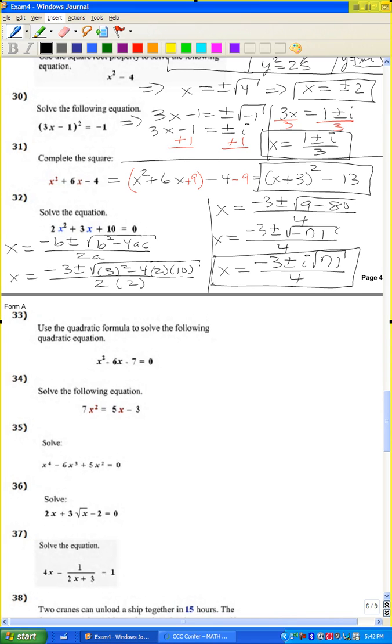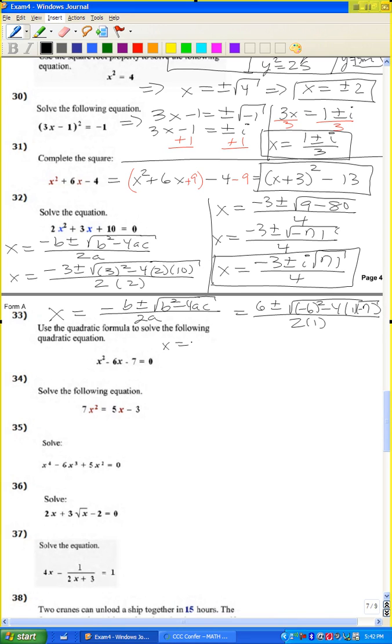Let me do problem number 33. Oh, you could factor that if you wanted, but it says to use the quadratic formula. So x is equal to negative b plus or minus the square root of b squared minus 4ac, all over 2a.